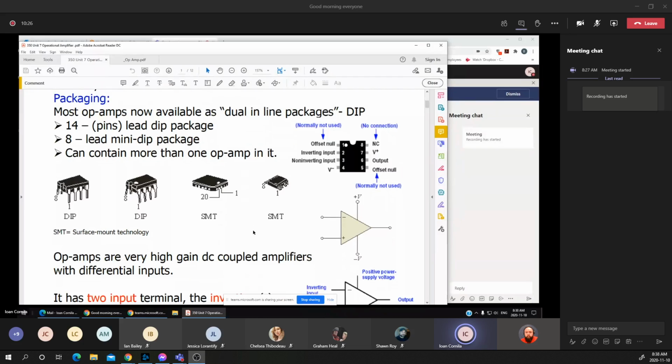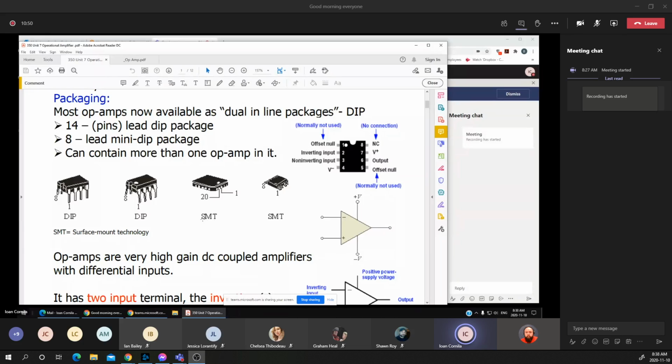Now, we may see some very small sizes, but again, relate the small size to the amount of power or the maximum current that can be delivered to a load, as in SMT. Remember that SMD is the small surface mount device.